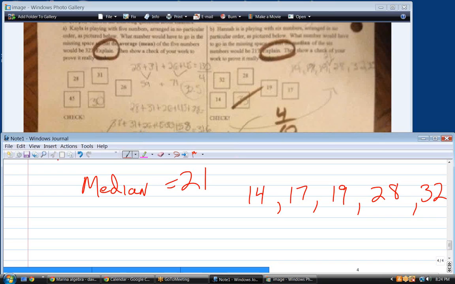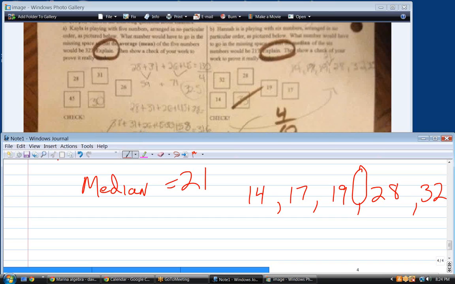So the middle one, obviously, if the median needs to be 21, there's a missing number right there, right? What should it be? A number in between, or a number that makes 21 in between 19 and that number. Perfect.